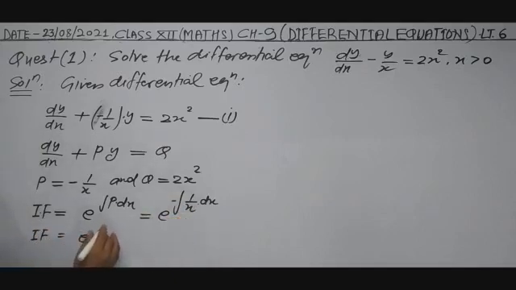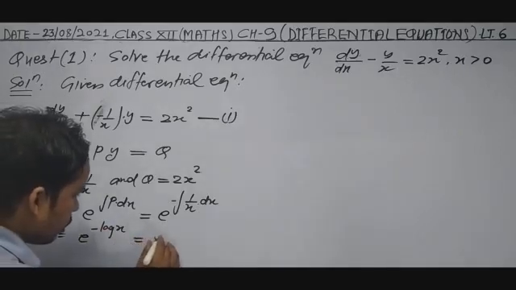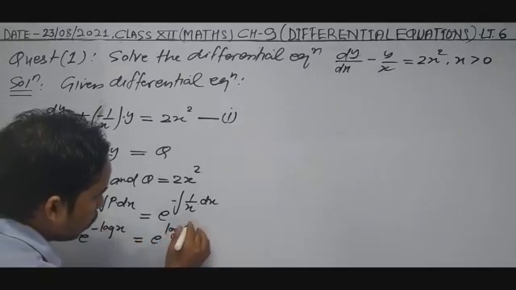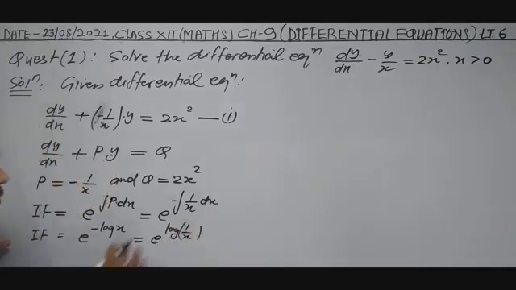So the integrating factor result is e to the power minus log of x, and we can also write this as e to the power log of 1 by x. Now you know the formula e to the power log of x is x, so the integrating factor result you will get is x. So this is the integrating factor.